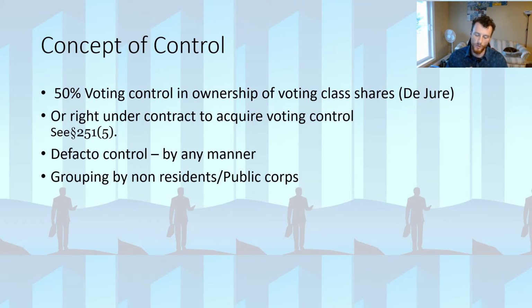When we think of control, the first thing that comes to mind is how many shares, who are the shareholders? Who are the main shareholders of the company? The corporation is controlled by whoever owns the shares, generally speaking. They have a financial interest in the company and hence get to say what the company does.